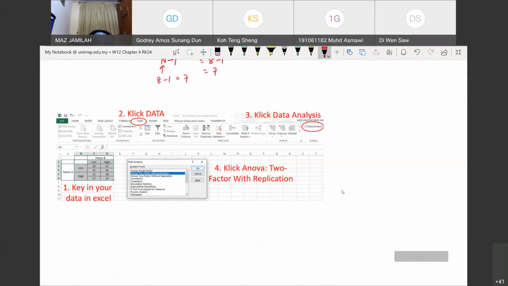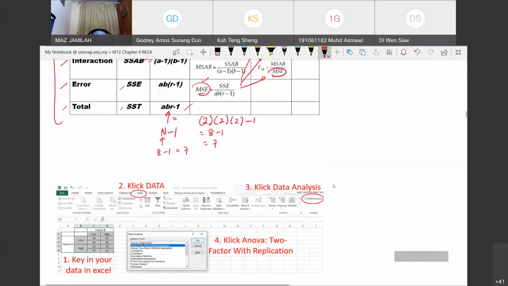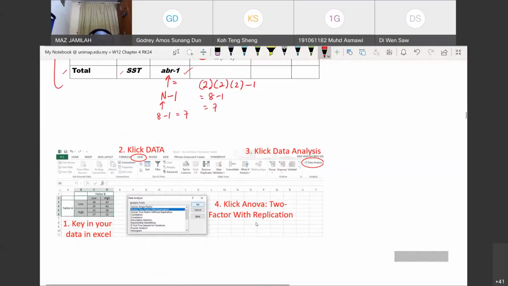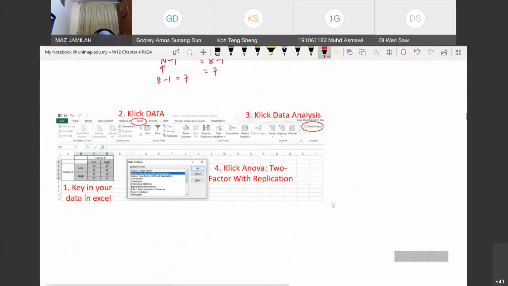Okay. How can we use Excel to generate this ANOVA table? First, in Excel, key in your data as what you have in your table given in your question. So we have factor A, low and high, factor B, low and high.